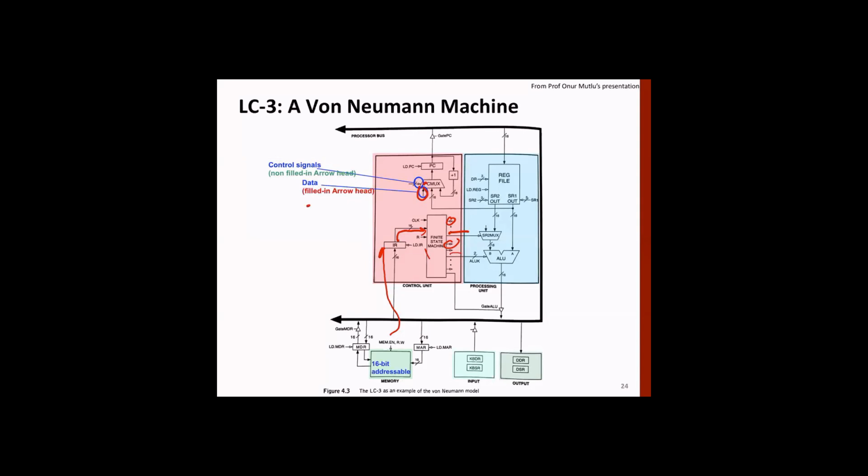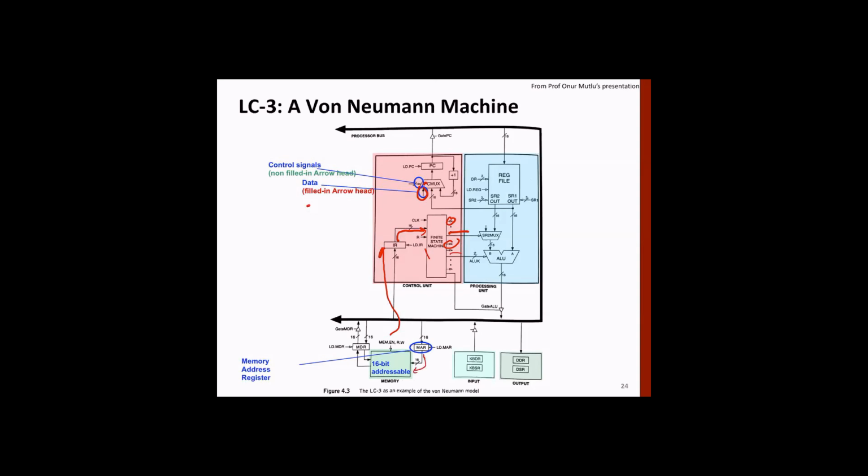Then we have memory here, which is 16-bit addressable, meaning it has 2 bytes per word. Then we have the memory address register, again 16 bits, which points to the memory location or memory word.